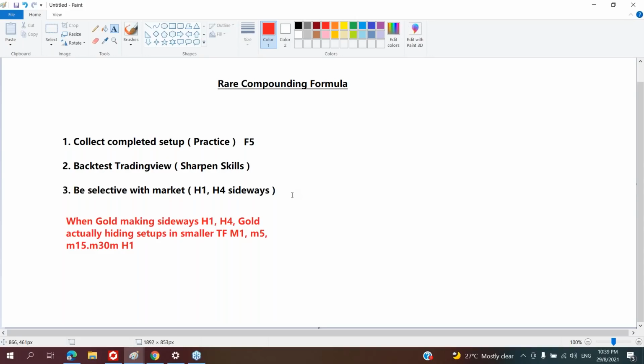So I can say 99% winning percentage because the rare compounding really goes according to my plan. We use this formula, and you have to be extra careful with it. That's why I say rare compounding is a very high percentage of winning, but it depends on the setups and on your patience actually.